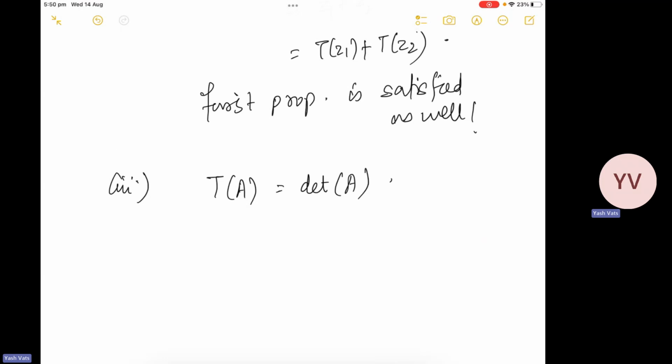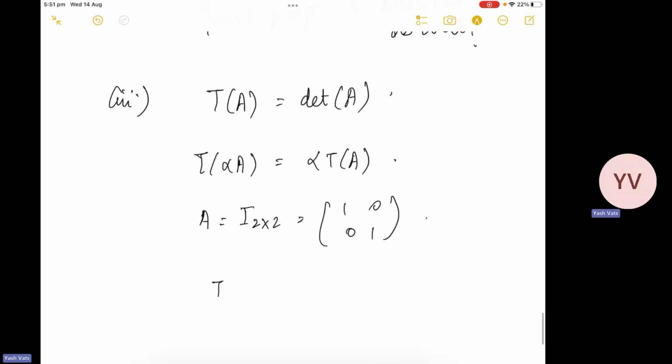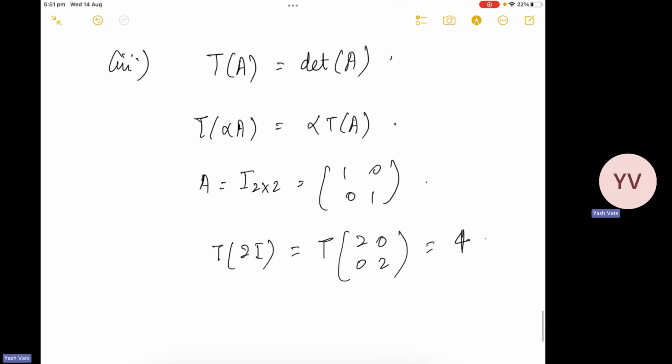So if you have an n by n matrix, is T of alpha A the same as alpha T(A) in this case? Let's try it. Take A to be the identity matrix I2, which is 1 0 0 1. Then T of 2I, which is T of 2 0 0 2, is 4, and T of I is 1.